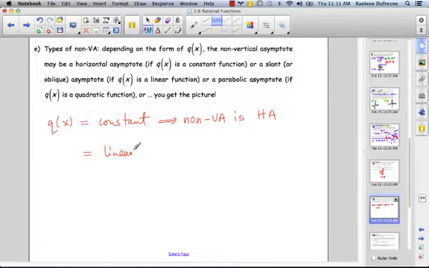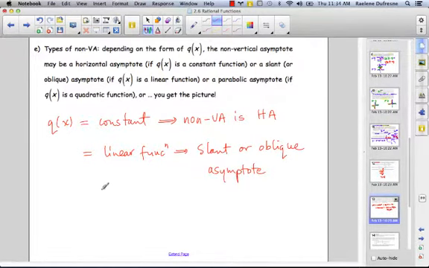If q of x is a linear function, then we have a slant or oblique non-vertical asymptote, so a slant asymptote. Asymptote is just the end behavior shape or model or function. If the quotient, q of x, is a quadratic function, then we would say that we have a parabolic asymptote.